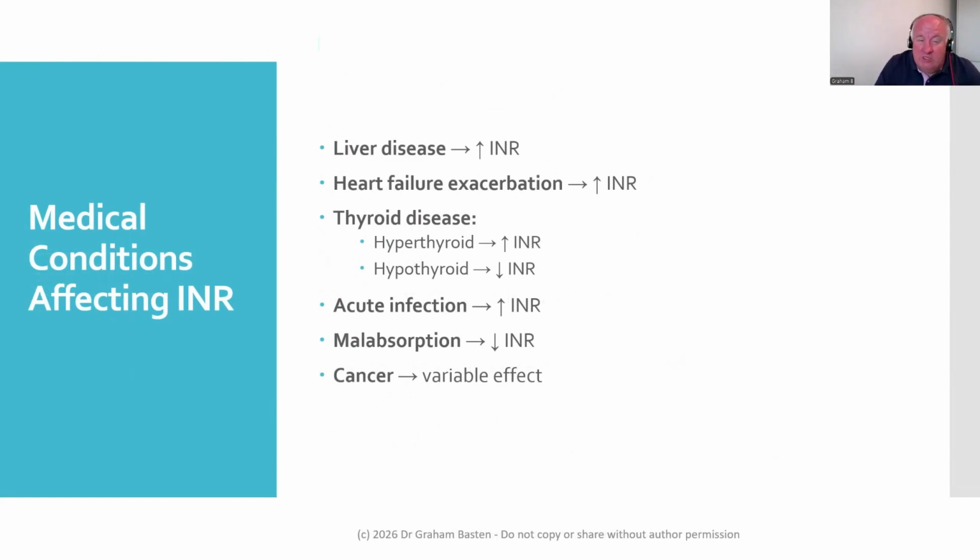There are a range of medical conditions which will affect INR. So generally, liver disease makes your INR go up. Heart failure, particularly chest infections, makes it go up. Acute infections make it go up, and thyroid function can be very interesting, particularly if somebody's got an underactive thyroid and then you start treating them with things like levothyroxine, that can then make your INR go up.